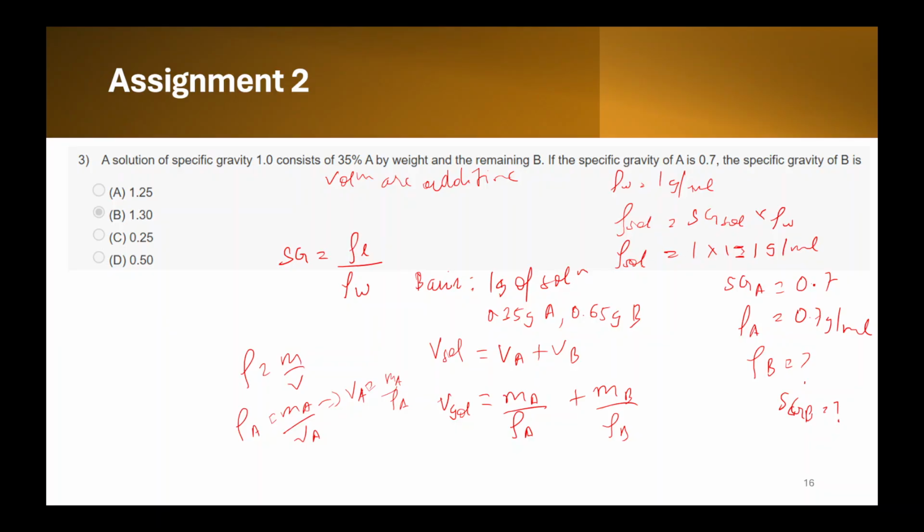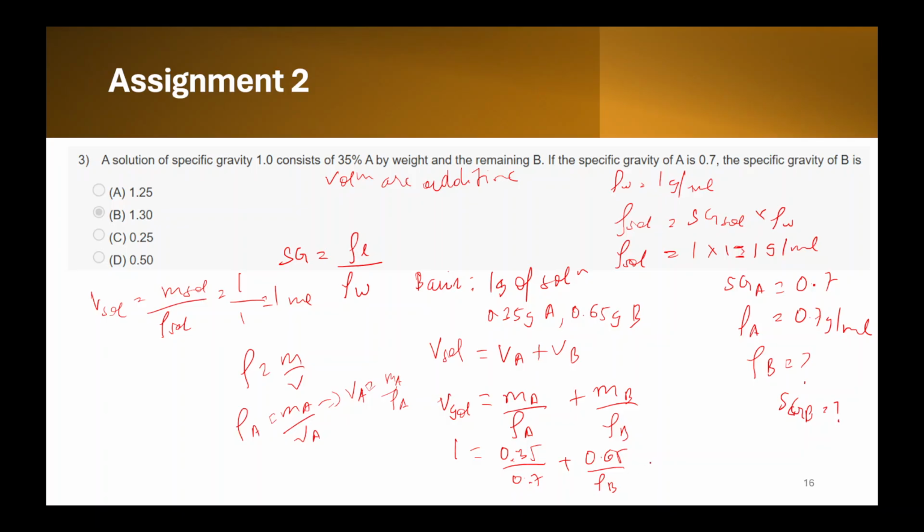What is the volume of solution? If 1 gram of solution is taken and the density of solution is 1 gram per milliliter, the volume of solution will be mass of solution upon density of solution, so 1 gram upon 1, which is 1 milliliter. So 1 is equal to mass of A, 0.35, upon rho A, which is given as 0.7, plus mass of B, 0.65, upon rho B, which you don't know.